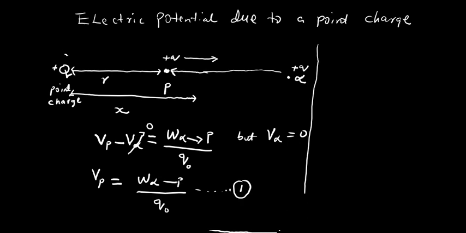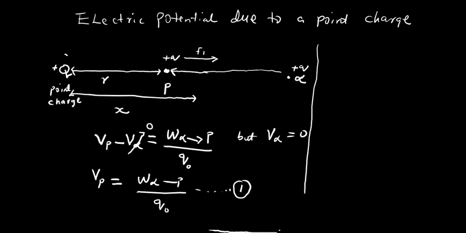So we can call this F1, in the direction of the test charge, because they are like charges. And the test charge is smaller than the point charge.